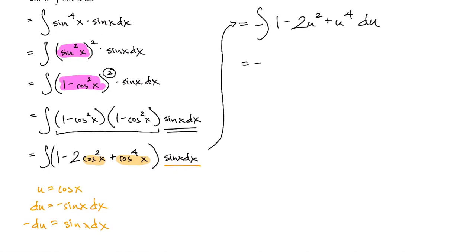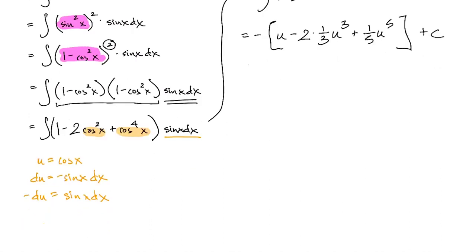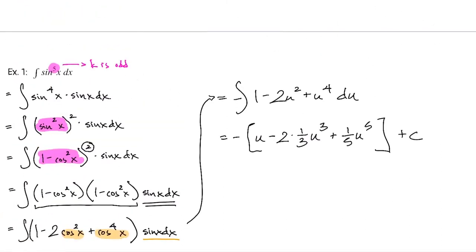And so from here, I just really need my power rule. So the integral of 1 is going to give me u minus 2 times, let's see, u to the 2 plus 1 is 3, and then the reciprocal of that is 1/3, plus u to the 5th, because 4 plus 1 is 5, and 1/5, and plus C. Now, what we're going to do here is two things at the same time.